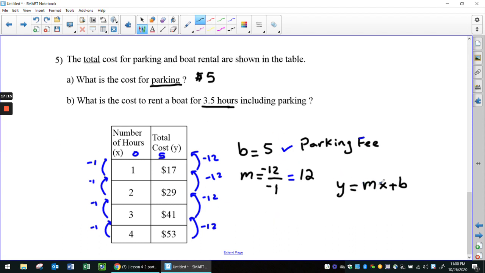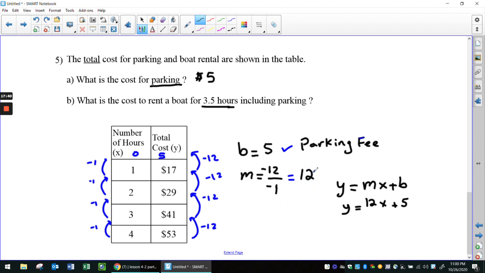We can substitute 5 in for b, and 12 is the slope. What 12 means is this is the cost per hour for renting a boat.